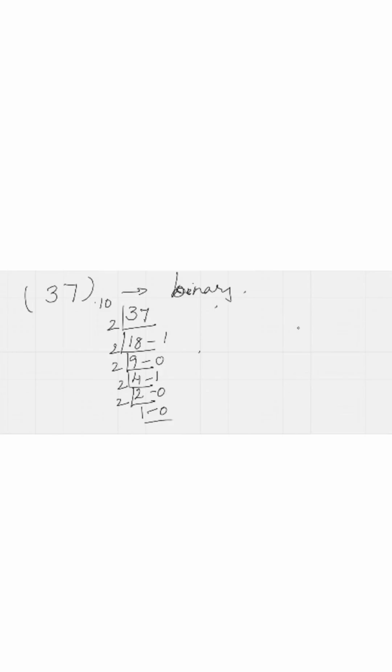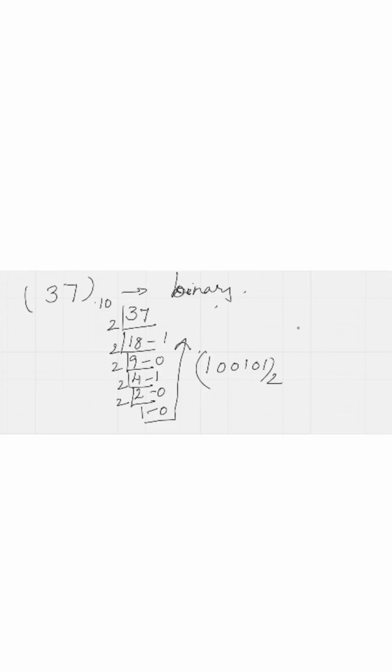So you have to write the number from bottom to top. So you can represent this as 1 0 0 1 0 1. So this is the corresponding binary value for the decimal number 37.